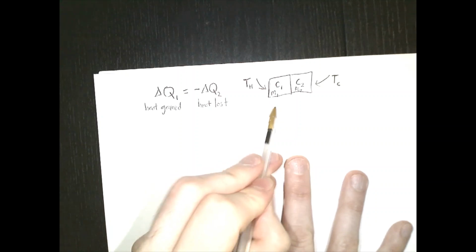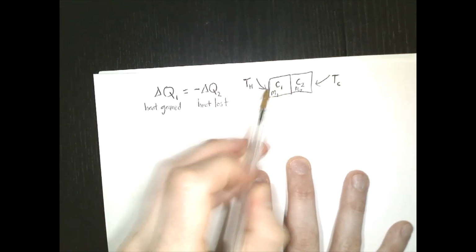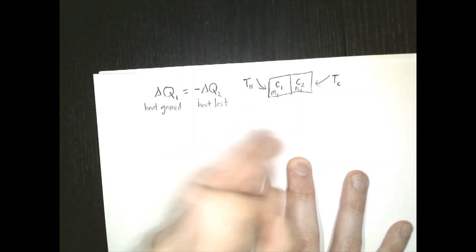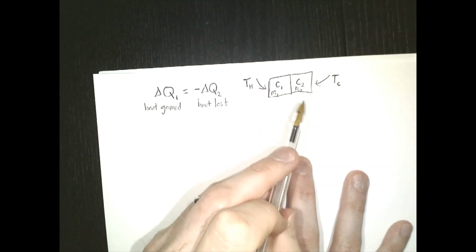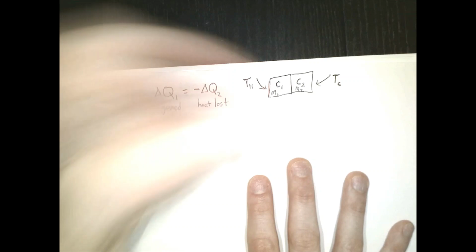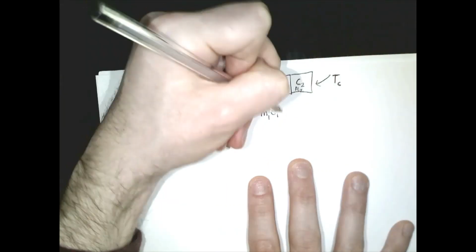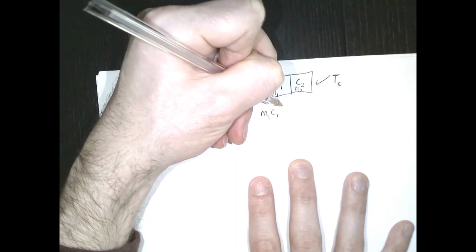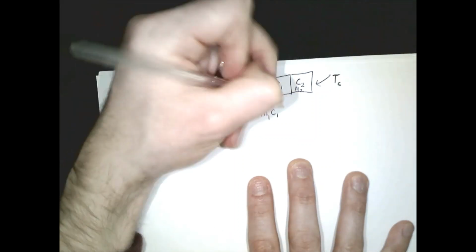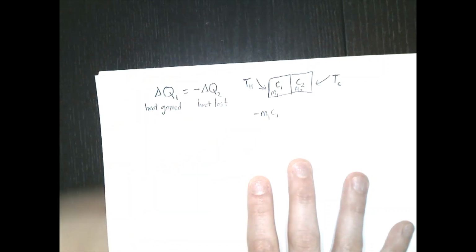And this object is going to give away its heat until these end up at the same temperature. So the way that works is we plug in our MCΔT on each side, M1, C1, delta T, final minus initial. This is the one that's going to lose the heat, so this one should be negative.